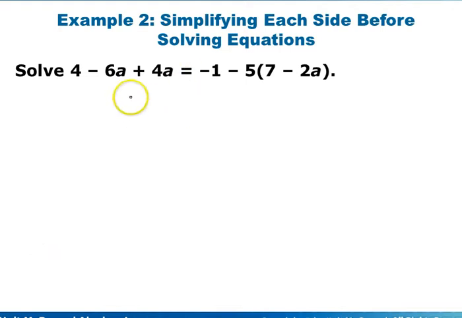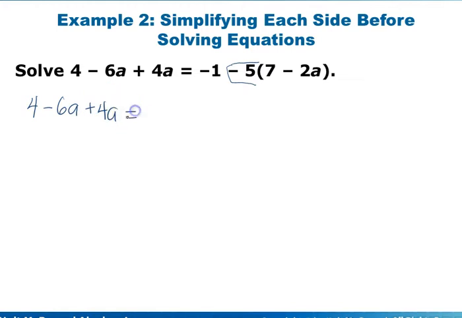Here what we want to do again is to collect, but I see that there's a -5 times the quantity of 7 minus 2a. I want to make sure I distribute the -5 before I do anything. I'm just going to write everything on this side of the equation because I haven't touched it yet.